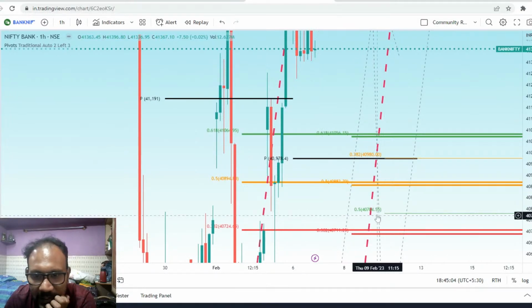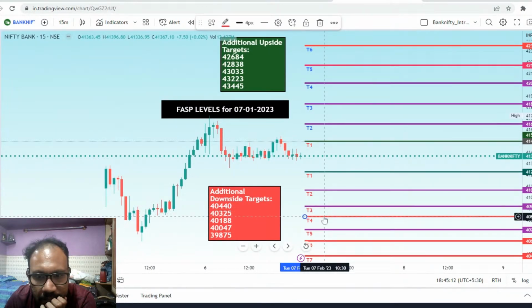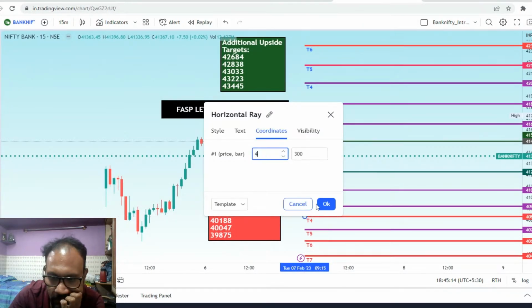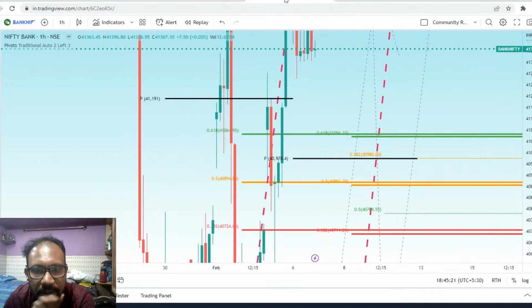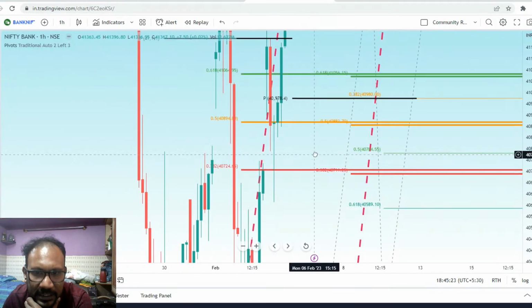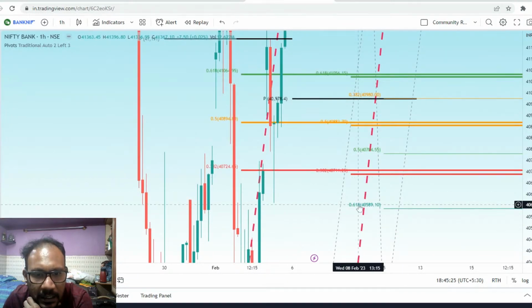Then let's go further down. Then this is a good spot. I like it. 47.85. This is good. Next level, I'm going down further. This base looks absolutely brilliant. 45.85.